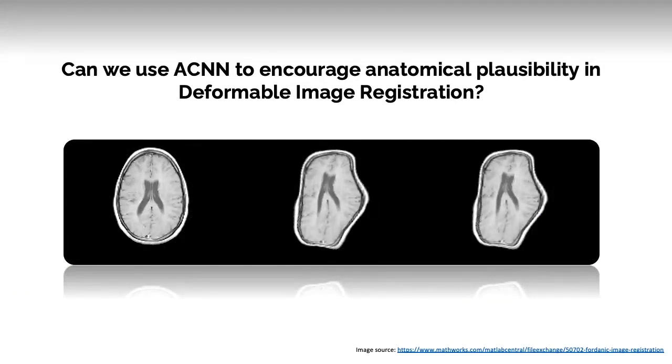But then, at some point, we say, yeah, this is a nice idea. It helps us to improve anatomical plausibility in segmentation. Can we extend it to other problems in computer vision, particularly in medical imaging? For example, to image registration. Image registration is this idea of aligning images, right? I have, for example, two images of the brain, and I want to align them.